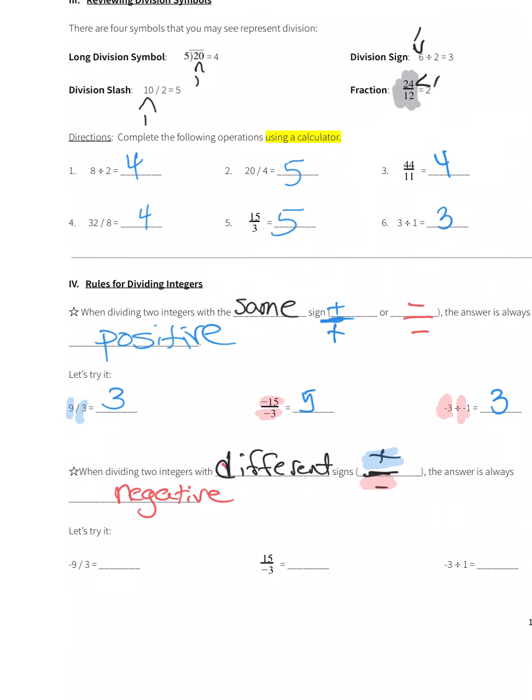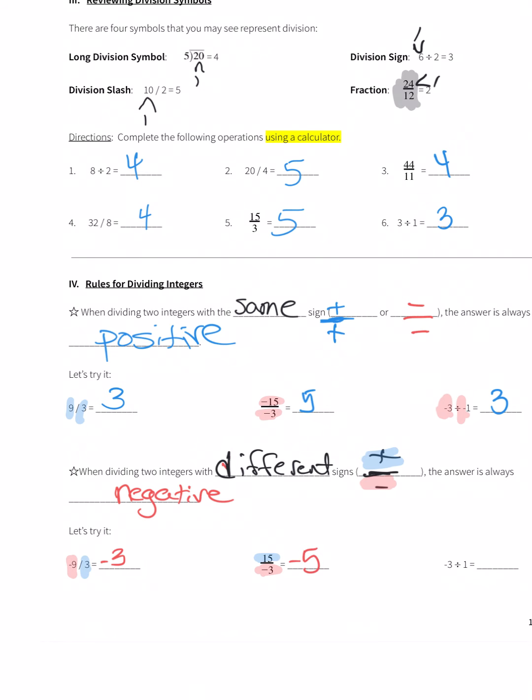Let's look at this first problem right here. We have negative 9 divided by positive 3. We have two different signs, a negative and a positive, so that means my answer is negative. Next, we go to positive 15 divided by negative 3. They are different signs, so that means my answer is negative.